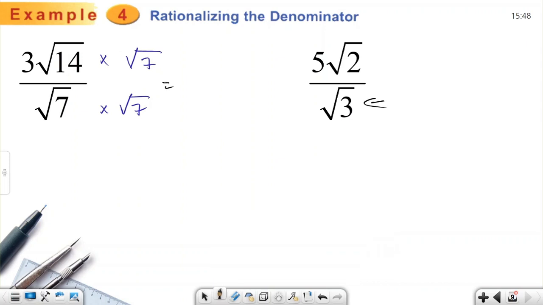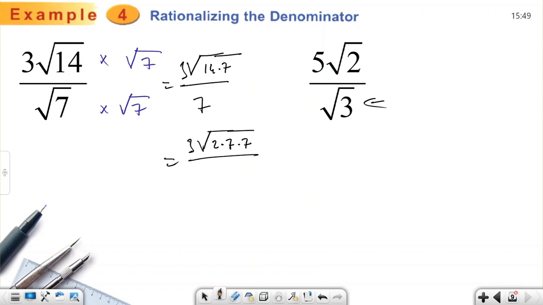So that will be equal to 3 times square root of 14 multiplied by 7 over 7. Square root of 7 multiplied by square root of 7 is 7. So 14 is 2 times 7, so 3 times square root of 2 times 7 over 7. This is equal to 3 times 7 times 7, 49.